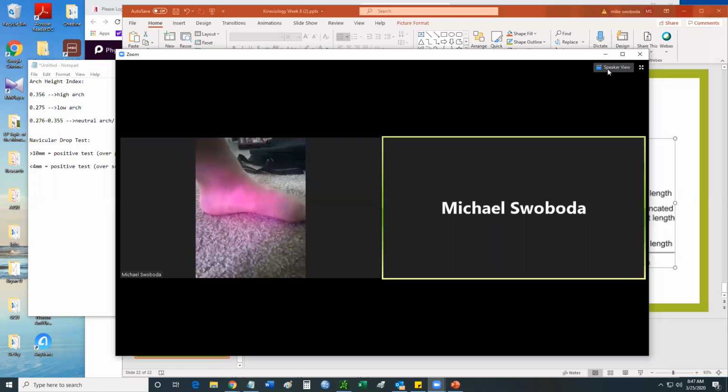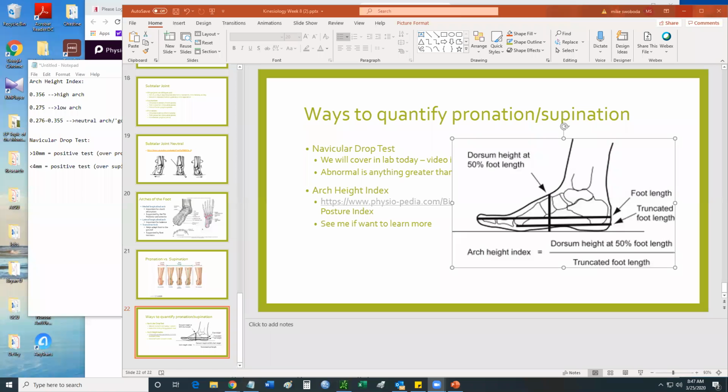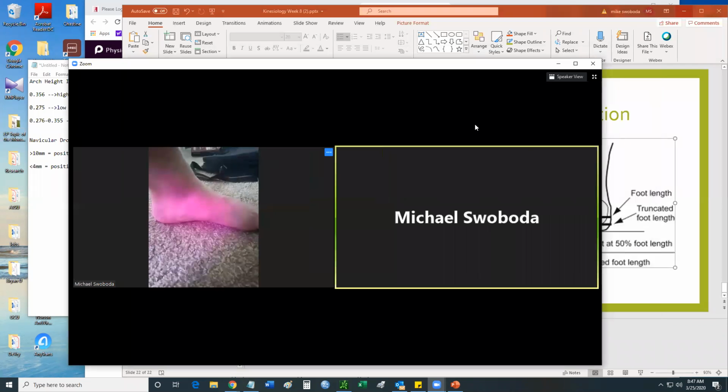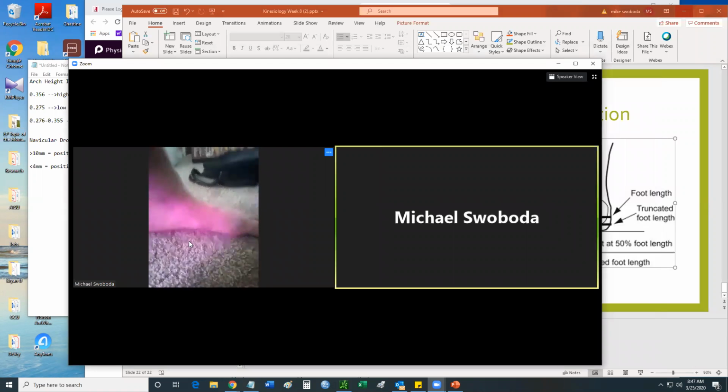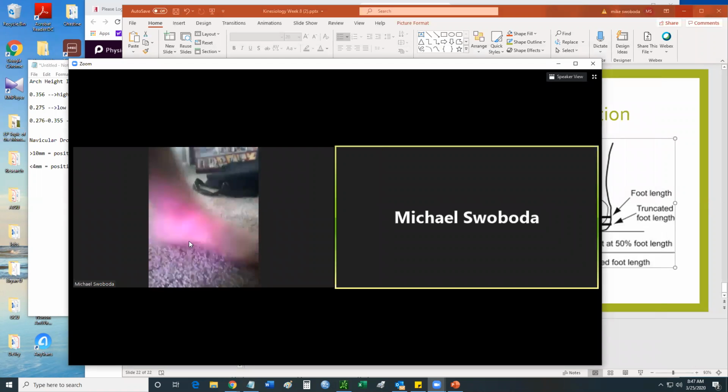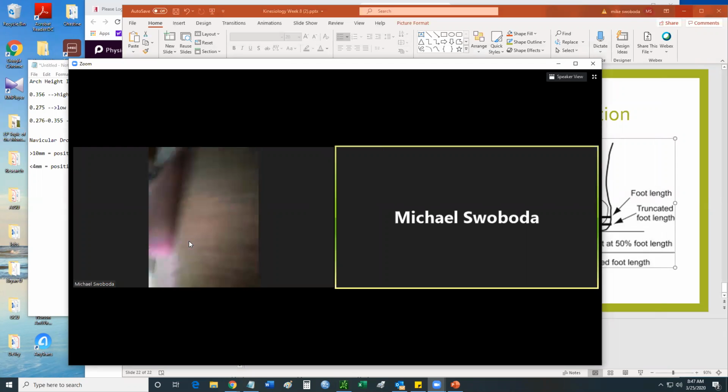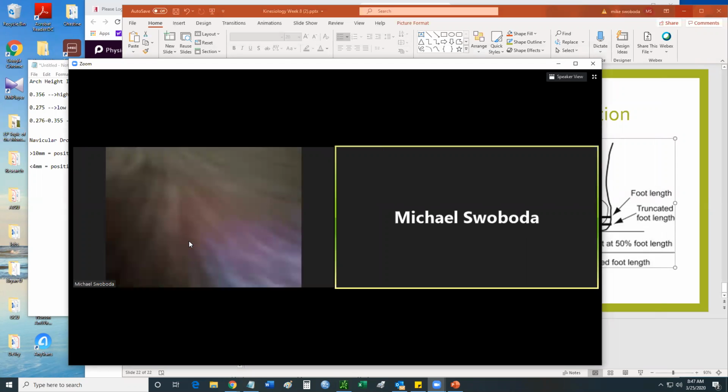Make sure you go to the gallery view so you can actually see this. Here's my foot when I do a navicular drop test. This is my medial foot here. Let me see if I can turn this for you a little bit. There we go.